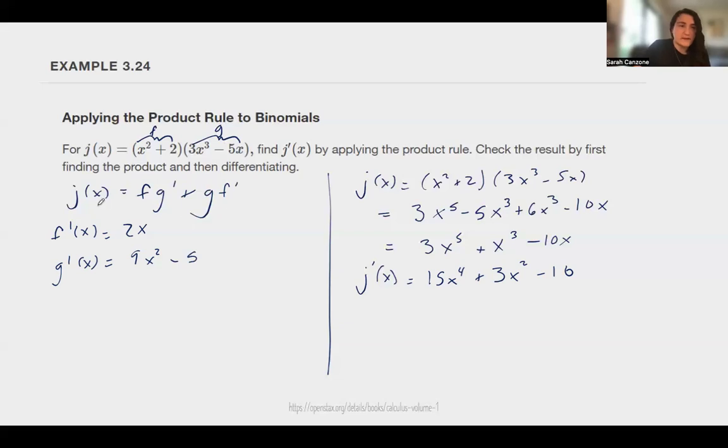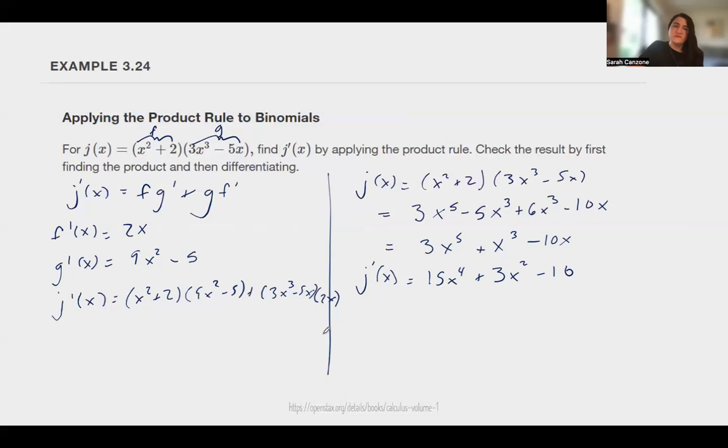All right, let's go ahead and plug it in. So this is j prime of x equals f, which is just x squared plus 2, times g prime, which is 9x squared minus 5, plus g, which is 3x cubed minus 5x, times f prime, which is 2x, and I've kind of run out of space.